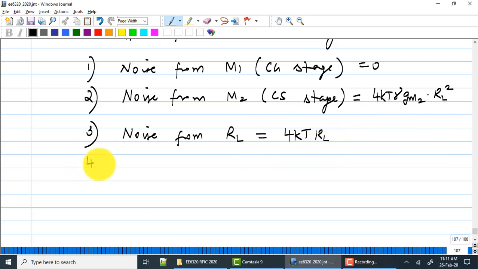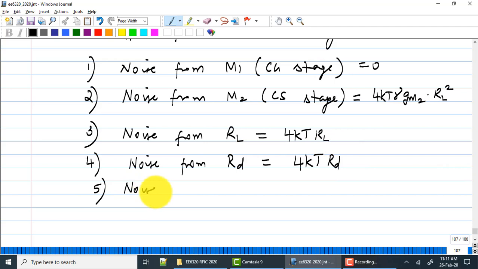Noise from RD, 4kT RD, directly at the positive input. Okay, basically what we are assuming is that the output resistance of the transistors is much larger than the resistances themselves, RD and RL themselves. Okay, so the only thing remaining is noise from RS at the output.